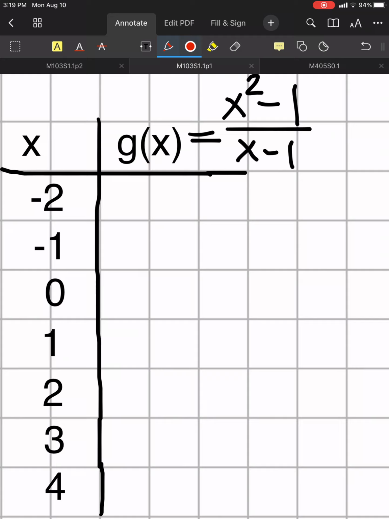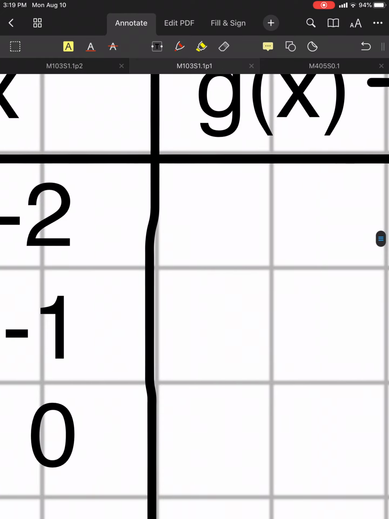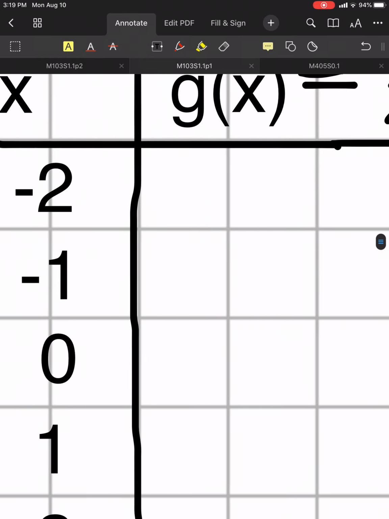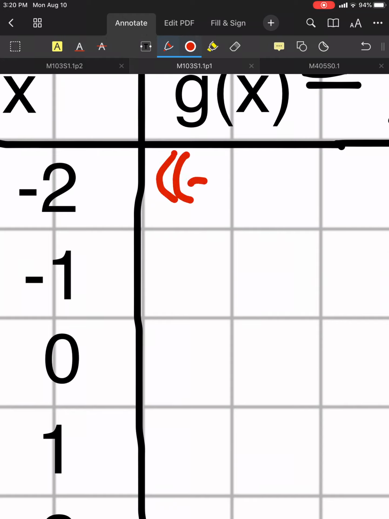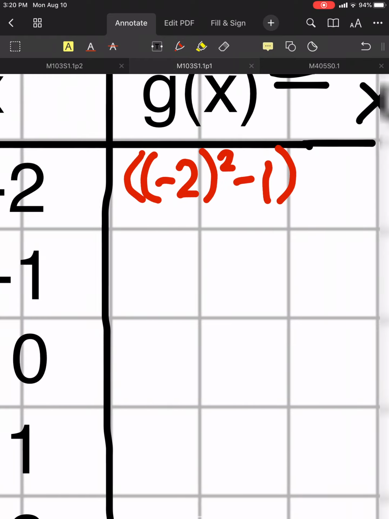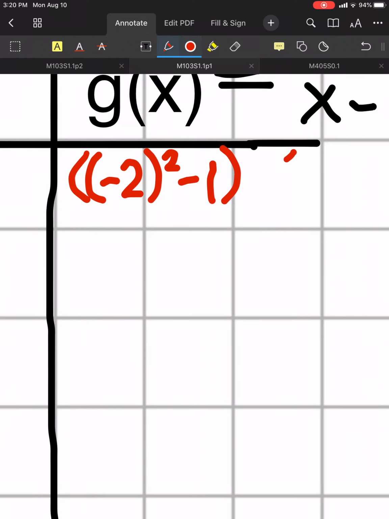Okay, if you're back, let's take a look at what we get here. So I think I might need to zoom in a little bit further here. Our first value is -2. So if I take that and I square it, I get -2 squared minus 1 over -2 minus 1.